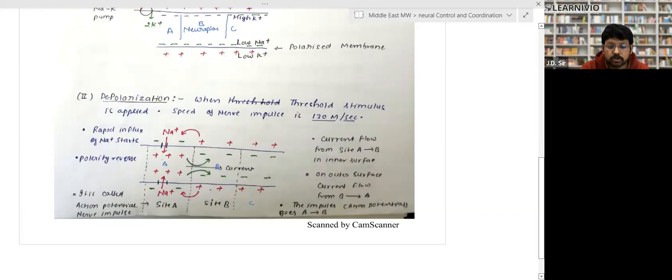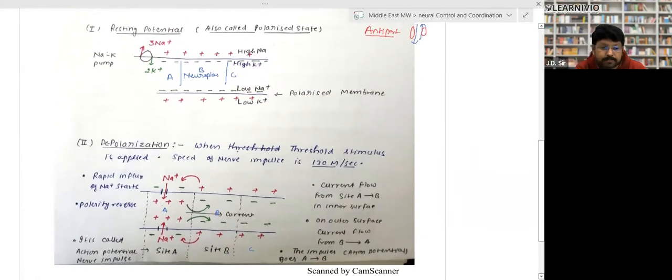The impulse starts running from side A to B, and then from B to C. On the inner surface the charges move from A to B, B to C. On the outer surface, B to A, then C to B. That's how the charges move, and that's how the transmission of nerve impulse takes place.